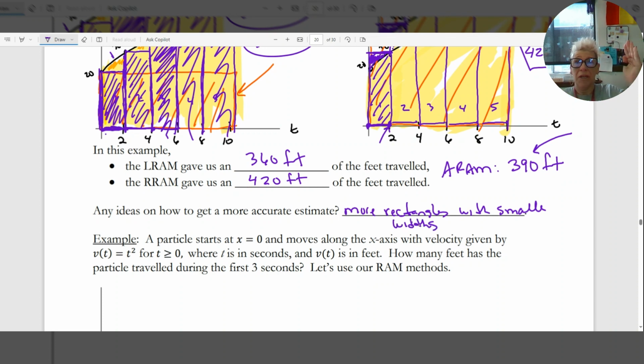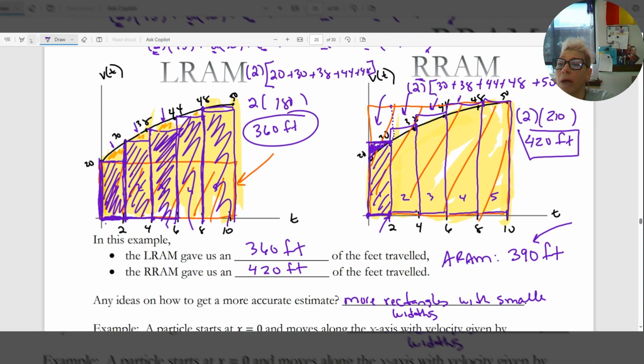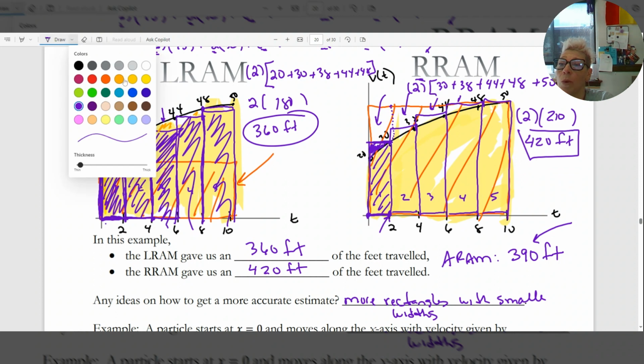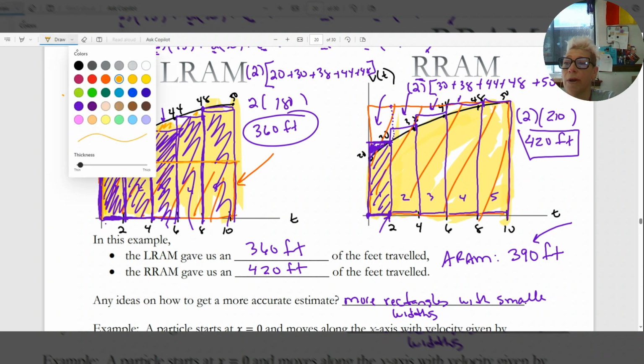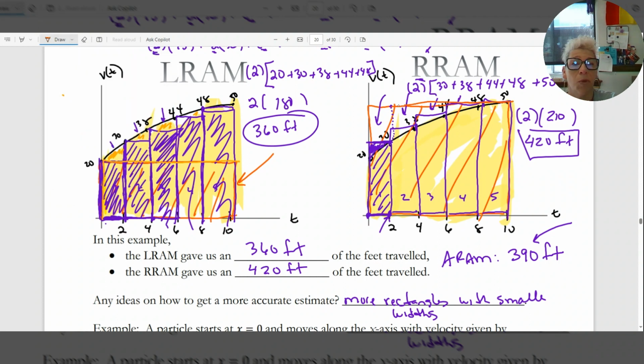As a matter of fact, if we could do 20 rectangles or 50 rectangles or 100 rectangles, getting smaller and smaller, as those rectangle widths get smaller, just like it did here, the amount of our over or underestimate gets smaller, because we're taking off all of this extra that we had when we had one big rectangle.